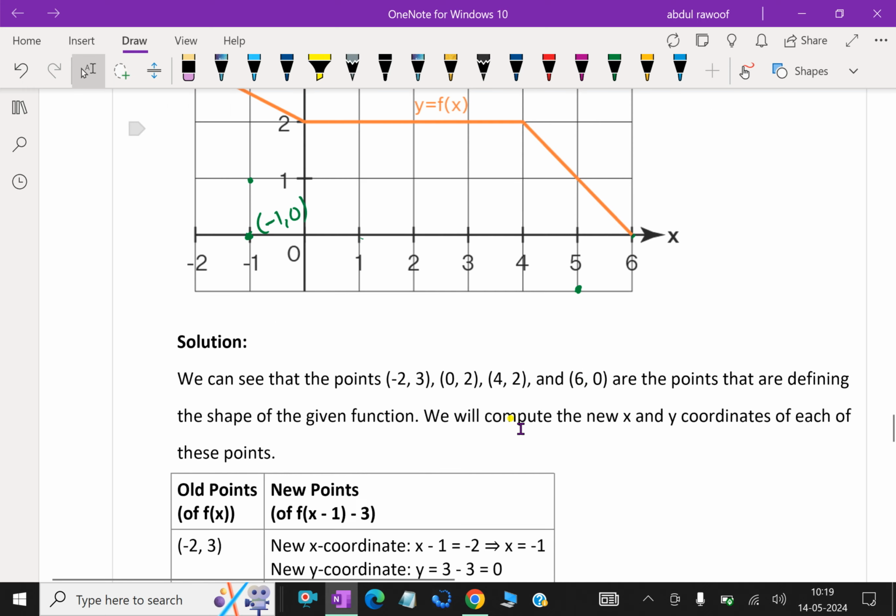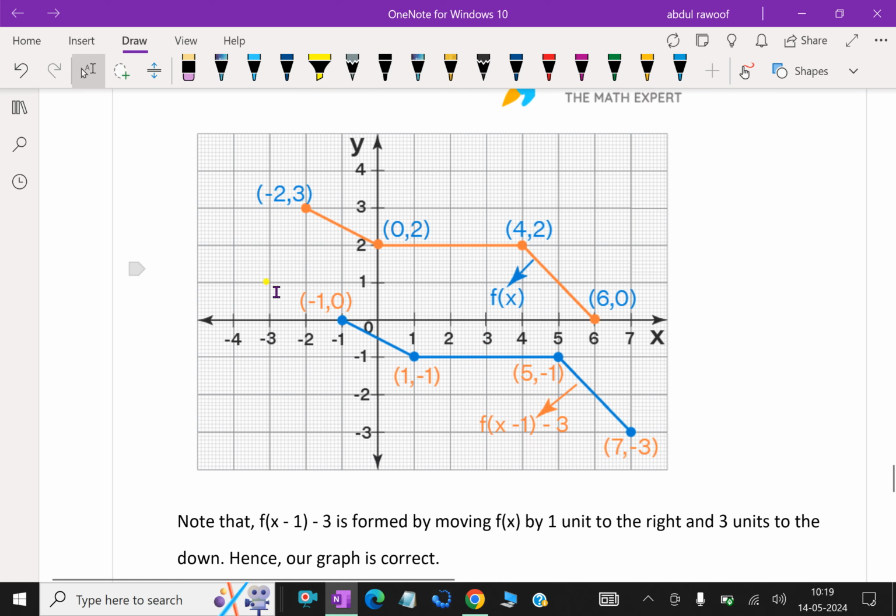It comes down. So this is the graph. Look at here: (-2, 3) becomes (-1, 0). The point (0, 2) becomes 3 points down and 1 point right. Then (4, 2) becomes this point, and (6, 0) becomes (7, -3). This is the translated graph. The original graph is this saffron color, and this blue color graph is a translation of the original graph.